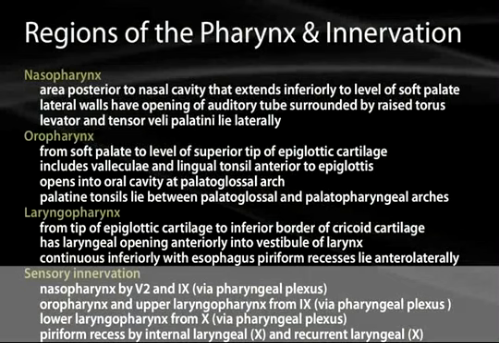The oropharynx is going to have innervation from cranial nerve 9, and that's going to be via the pharyngeal plexus. And the lower laryngopharynx is going to be innervated by cranial nerve 10 via the pharyngeal plexus. So each area has a basic innervation to it, but in general, most of that is carried through pharyngeal plexus.